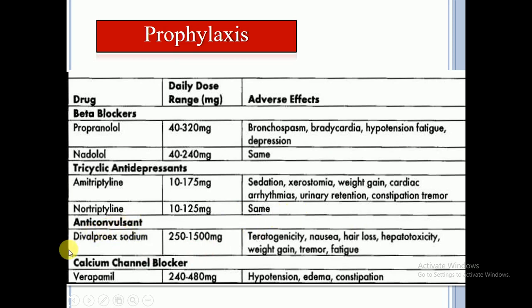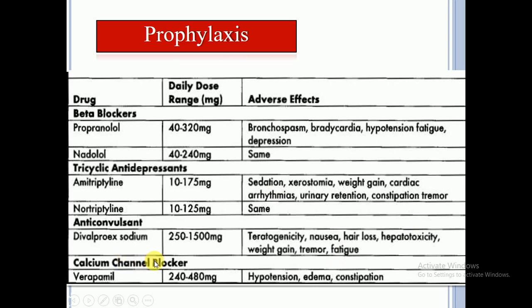The anticonvulsant agent divalproex sodium, like Epival, is available at a dose of 250 milligram to 1500 mg. It may cause teratogenic developmental abnormality, nausea, hair loss, hepatotoxicity, weight gain, tremor and fatigue. These are the adverse effects.